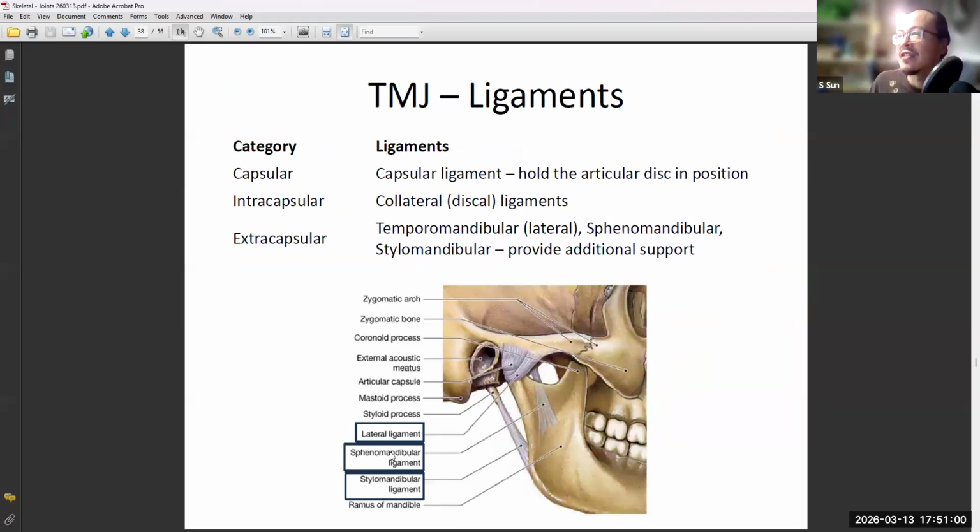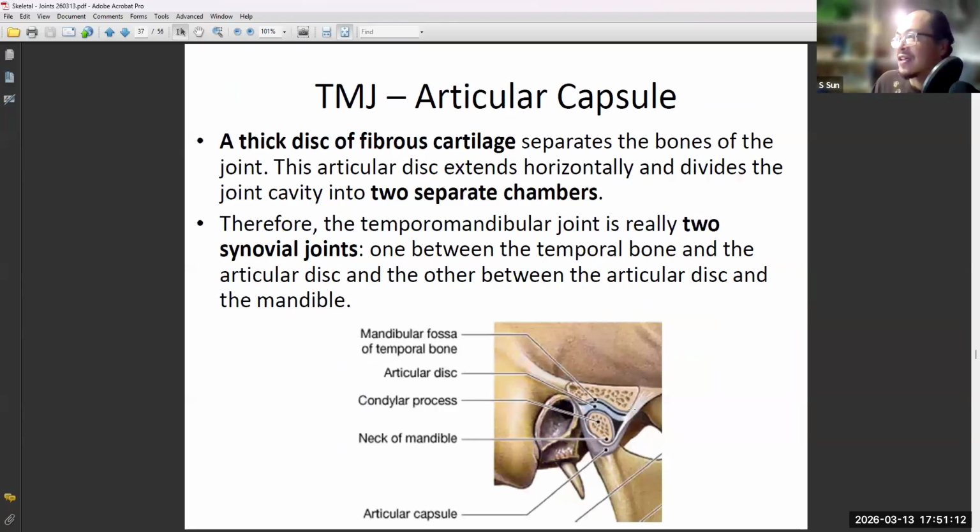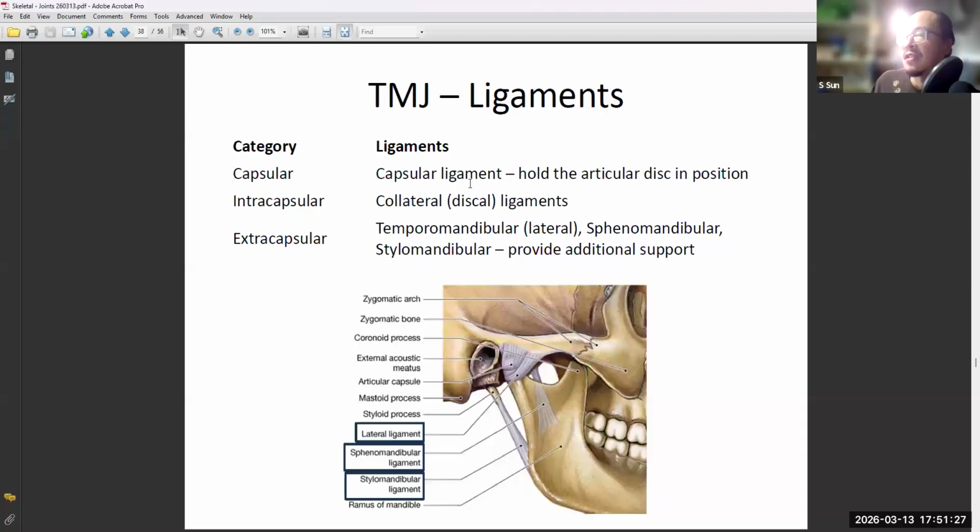So let's take a look. Capsular ligaments are the ligaments that are part of the capsule. Here we don't see them because they are inside the capsule. This capsule helps to hold the articular disc in space. That's its main function.